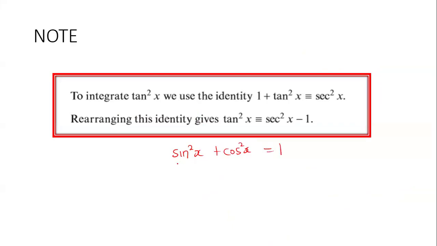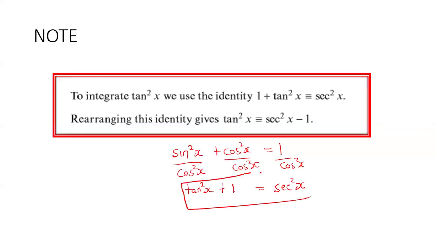When I divide everything by cos squared x, sine squared out of cos squared gives us tan squared x, plus cos squared out of cos squared gives us 1, and 1 out of cos squared is the same as our sec squared x.